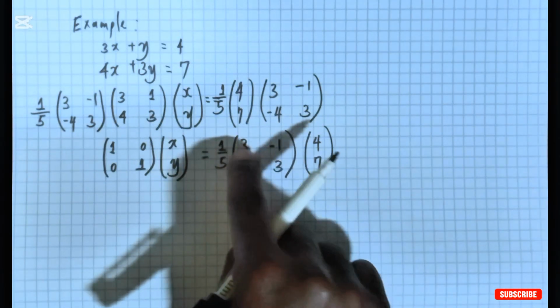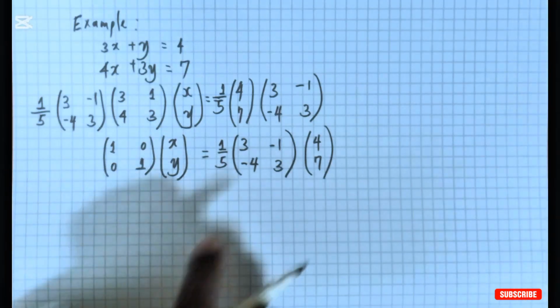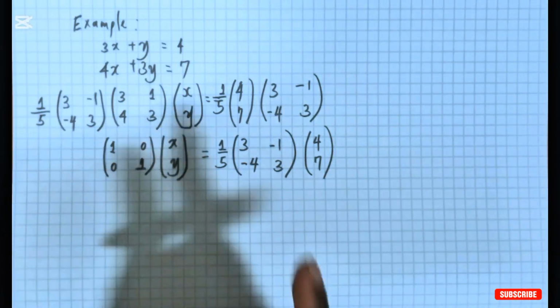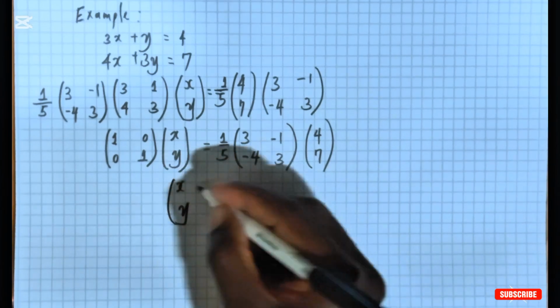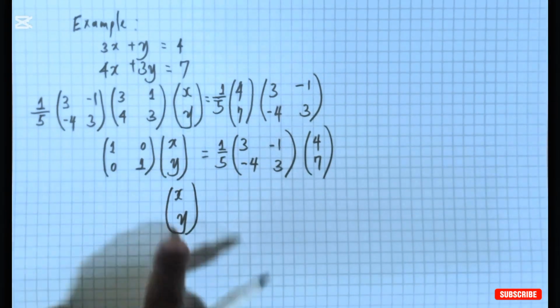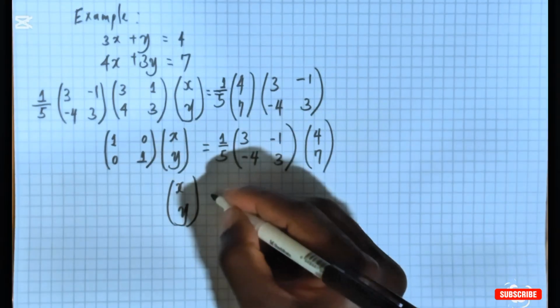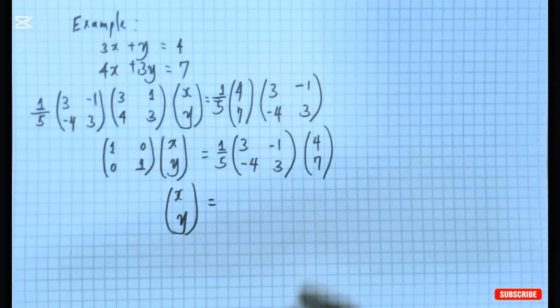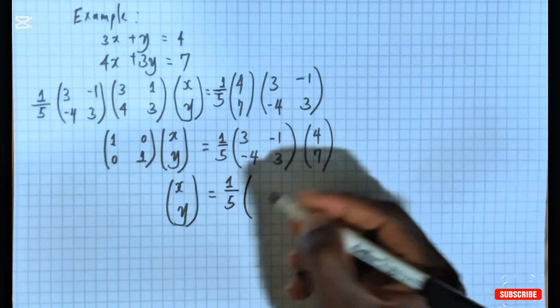So when we multiply the identity by x and y, we will get x and y. These two matrices, when we multiply them together, we'll get x and y. And that will be equal to 1 all over 5 into.